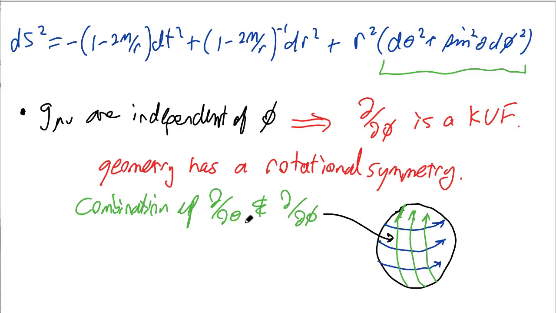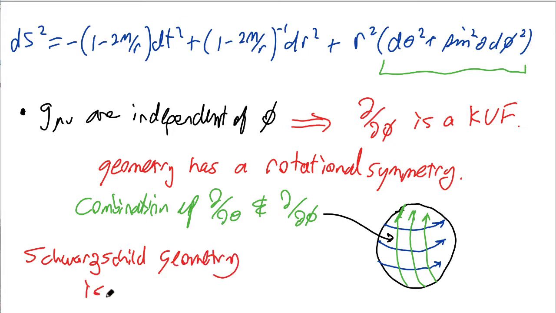And that same combination that's a Killing vector field on the two-dimensional sphere is also a Killing vector field for the Schwarzschild geometry. So the Schwarzschild geometry is spherically symmetric, meaning it admits sets of Killing vector fields that are combinations of d by d theta and d by d phi that represent rotations about any axis.